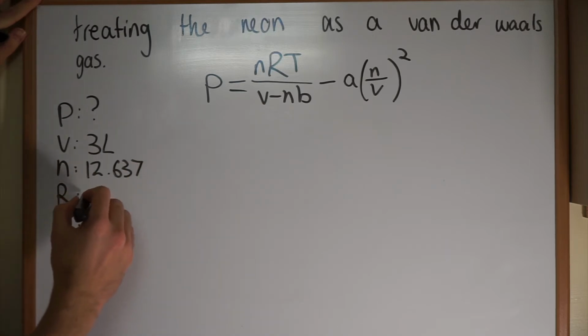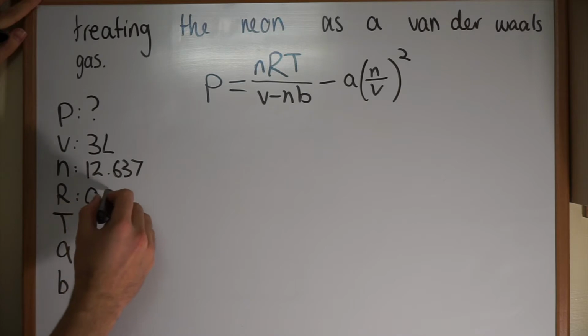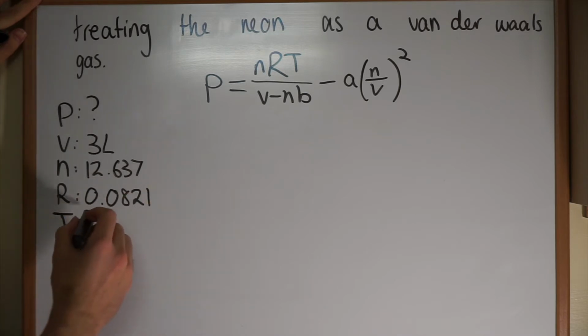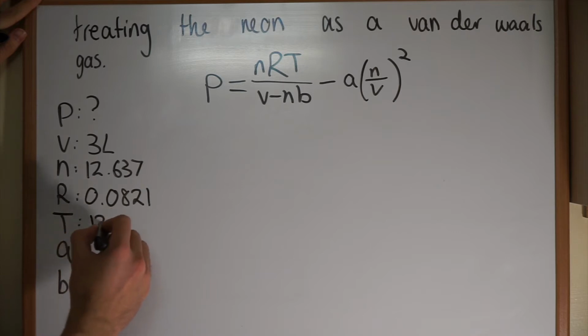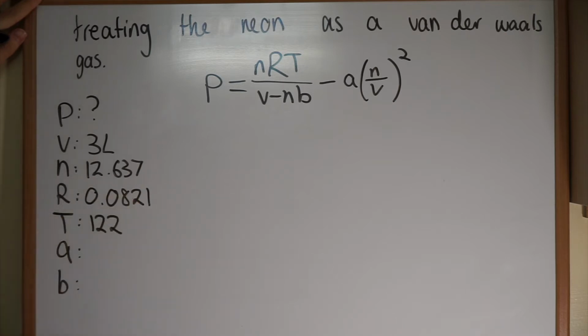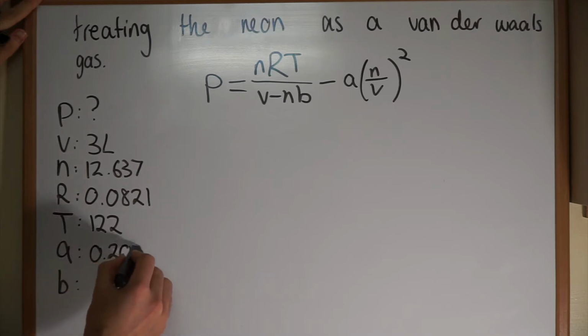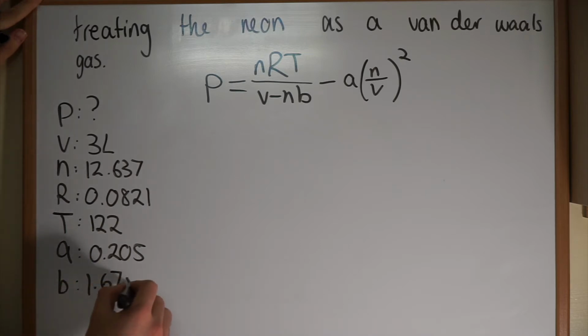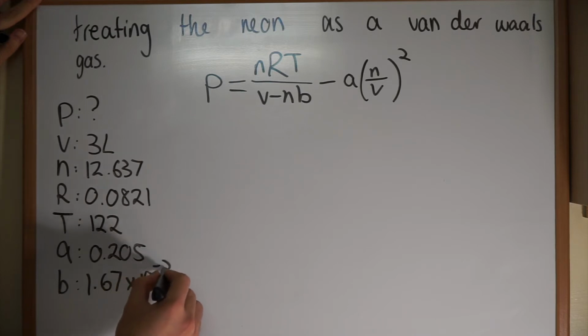The constant, again, we use the same one as last time, is 0.0821. The temperature, again, hasn't changed, so we're using 122 Kelvin. A is going to be 0.205 and B is going to be 1.67 times 10 to the minus 2.